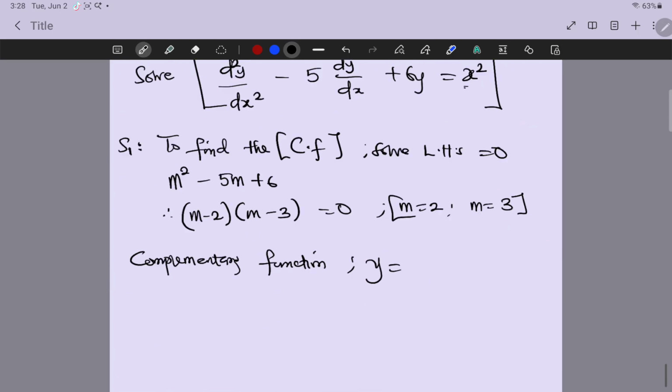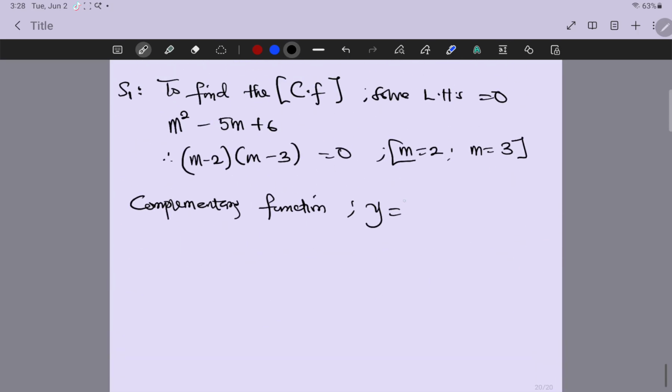So now we have y is equal to A e to the 2x plus B e to the 3x. That's the complementary function in this case. Is that clear? That's step one.